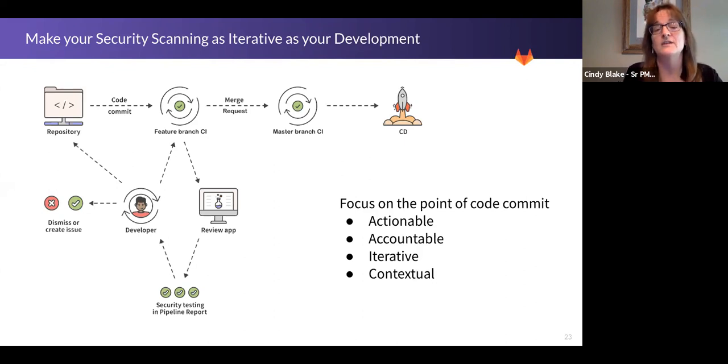Because if you're automating your policies, you're going to have consistency, but you may need to go back and tweak your policies. And so doing some infrequent scanning of your entire application may help you tune those over time. Good question.